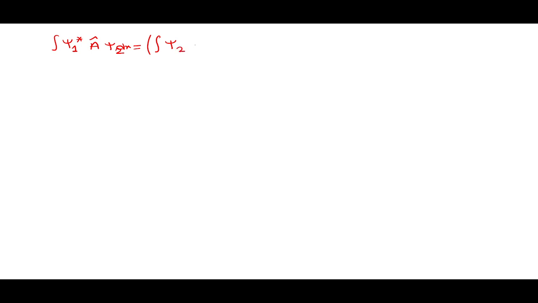Phi 2, A cap phi 1, phi 2 star dx, whole dagger. Is this correct? Have I written it correctly? Because this should be phi 1 A cap phi 2, this is this, and this is phi 2 A cap phi 1 dagger, right?